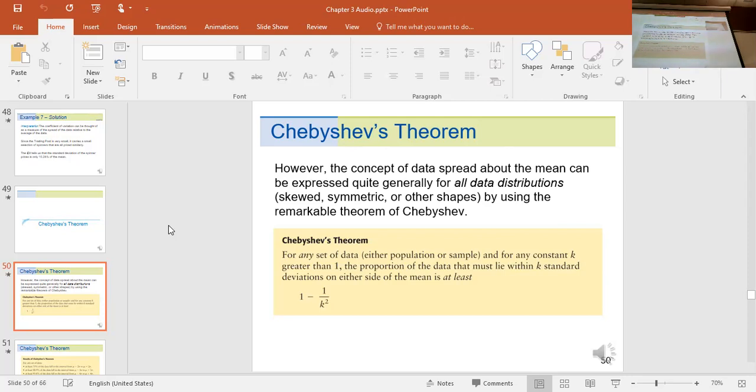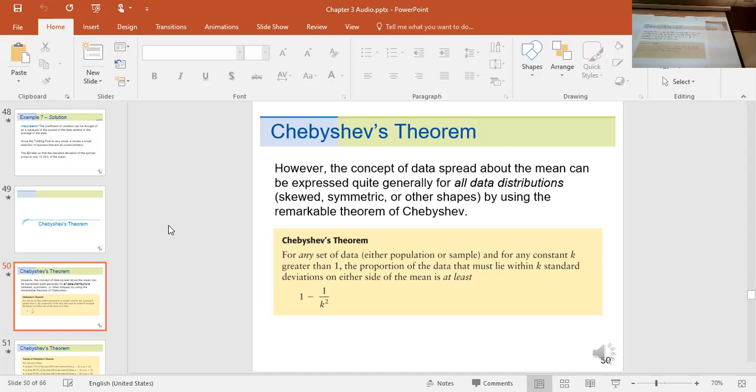But so far we will be using more of sample. So x bar minus ks is less than or equal to any score x, less than or equal to x bar plus ks. So these are values that are within K standard deviations from the mean.